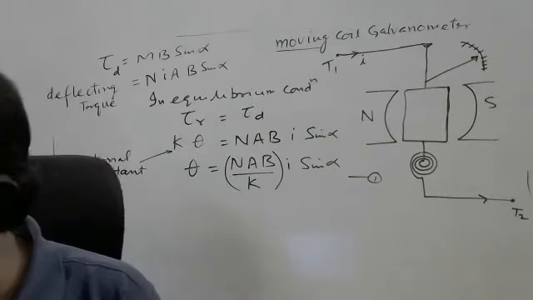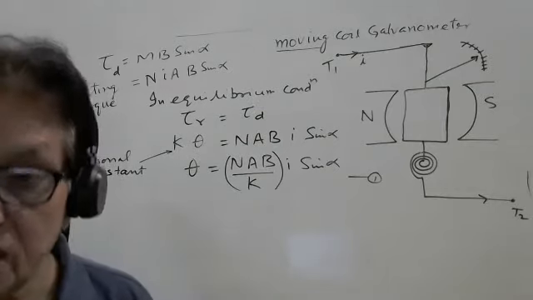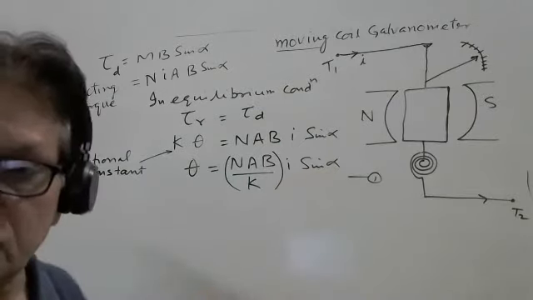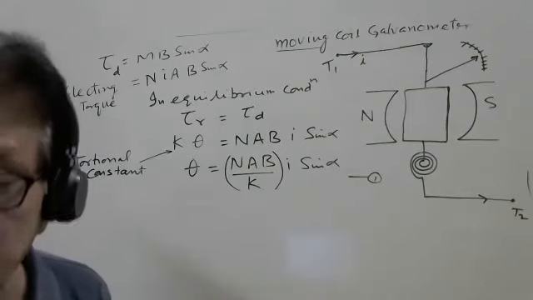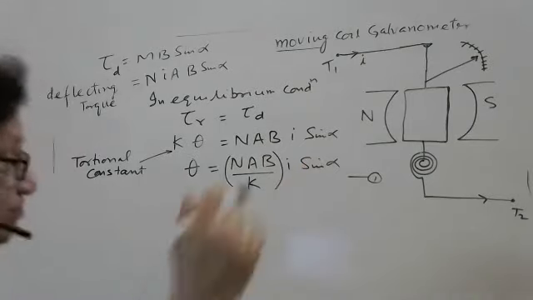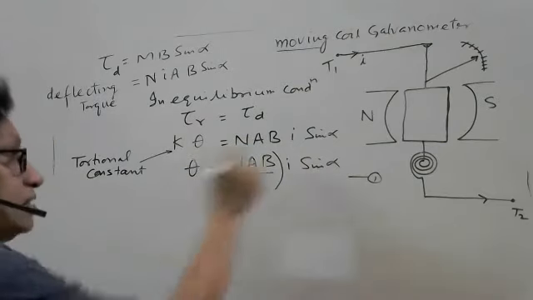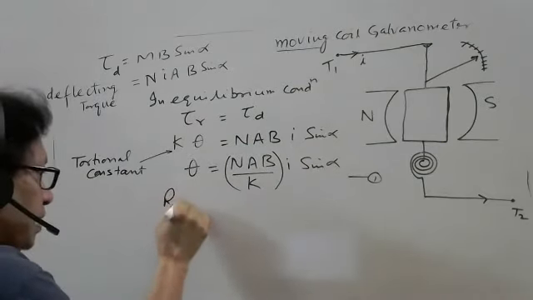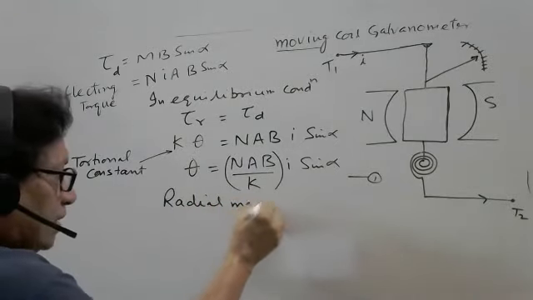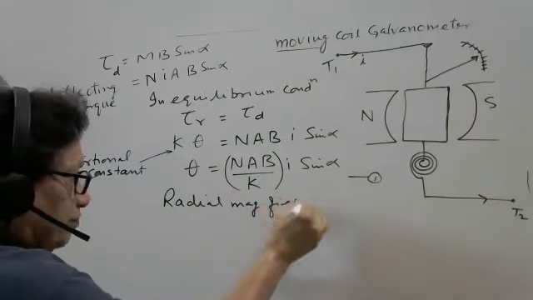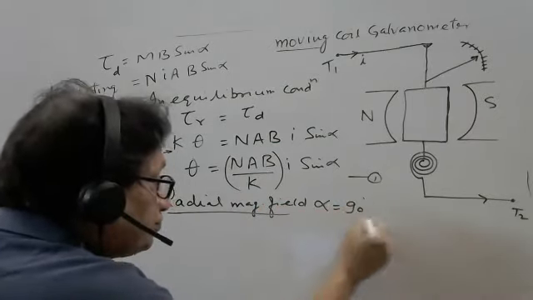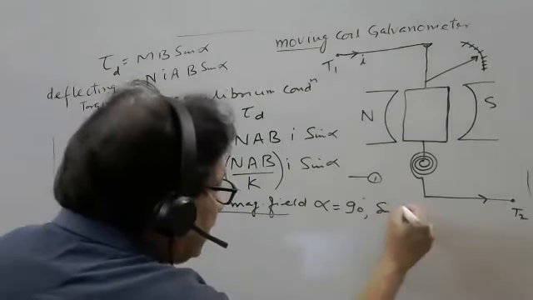So to make alpha constant for any position, any rotation, we use a very special case called the radial magnetic field, or in short, radial field. What is this? Here alpha is always 90 degrees, and sin 90 is 1.